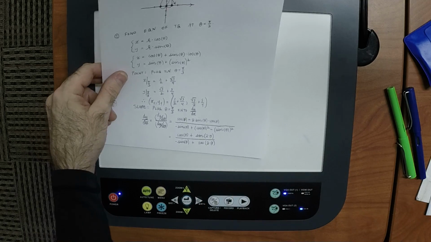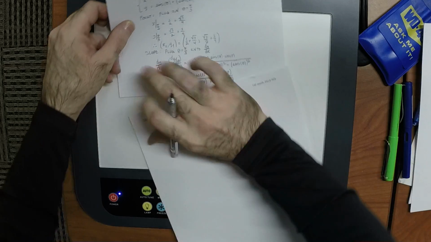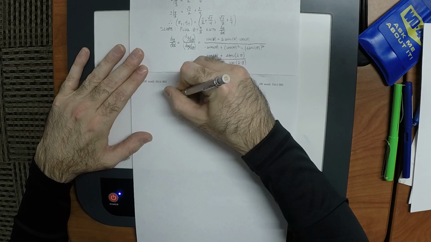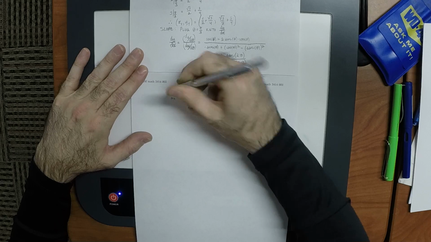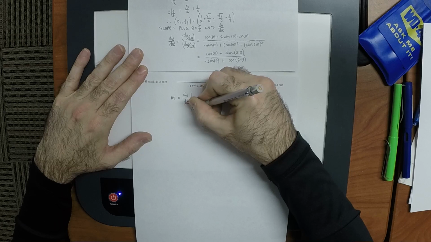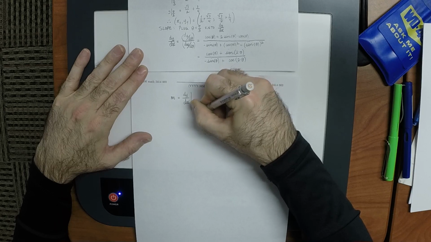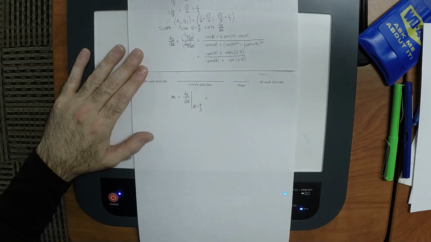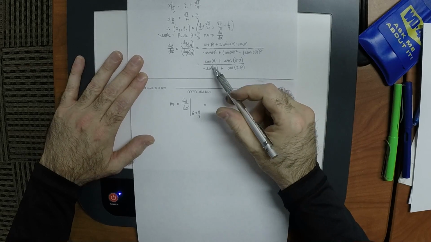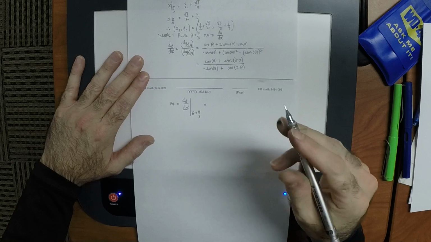So then we could find the slope. So the slope of the tangent line is m is equal to dy dx, and then we're going to evaluate that at theta is pi over 3. All right, so at pi over 3, cosine of pi over 3 is what?